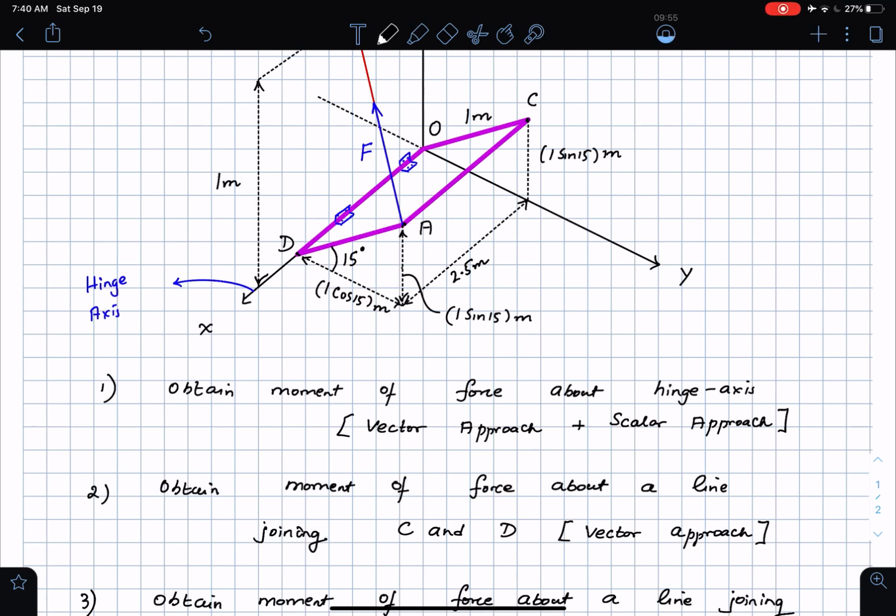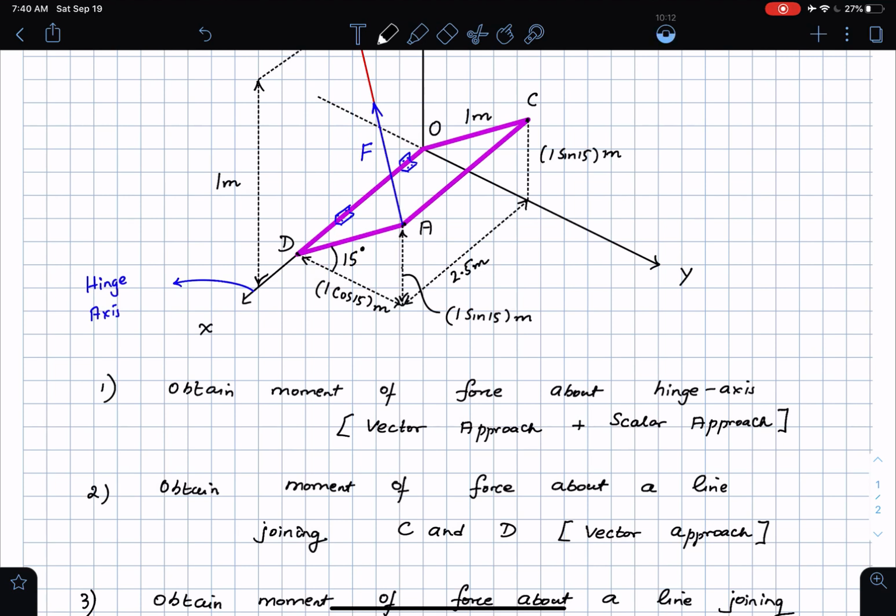So I have all of these that are to be done, and we need to do both the vector and the scalar approaches, which is perfectly fine.